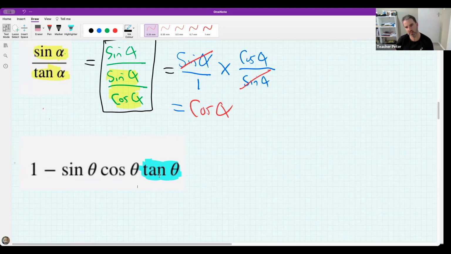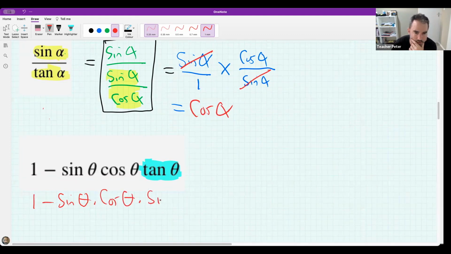What do you think? I think that's a good place to start, but I don't know how it's going to finish. So I'm replacing that with this.